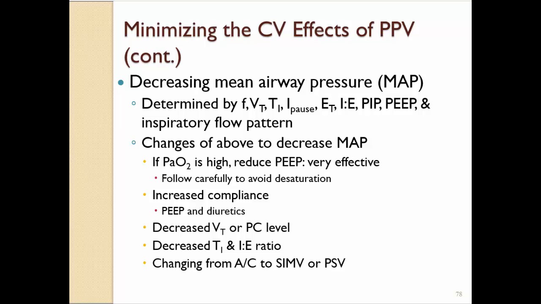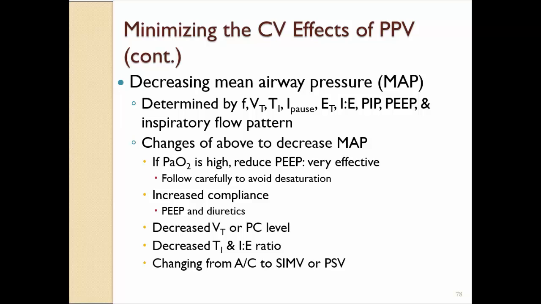Changes of the above decrease the mean airway pressure. So what we're trying to do is limit the size of the breath and the PEEP and the I time to just what we need. We don't want to put excessive pressure or volume in the lungs because it does affect the mean airway pressure. And so remember that the bad part of the mean airway pressure is that it affects the cardiovascular status.